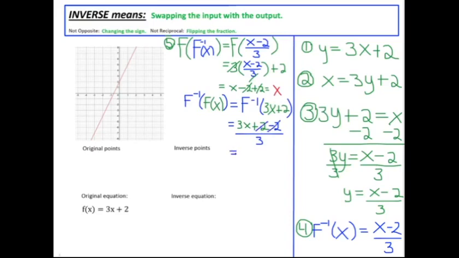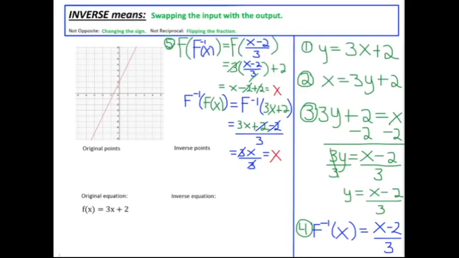And so we get 3x over 3 and then the 3's will cancel. And this equals, as expected, x. So this proves that they are inverses of each other. So that means we did our work correctly on those first 4 steps.